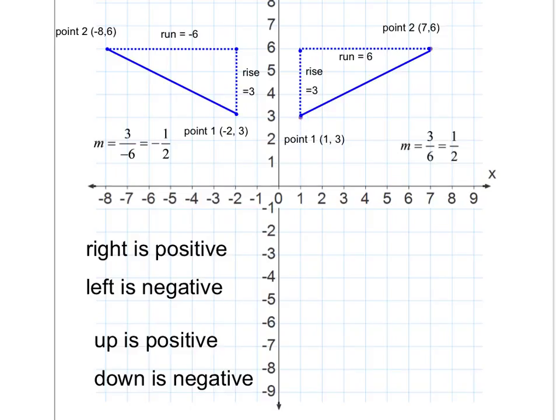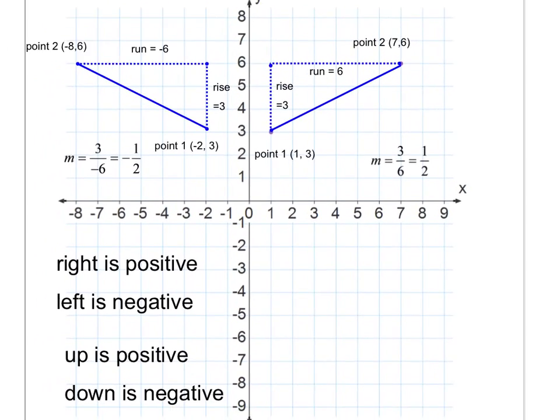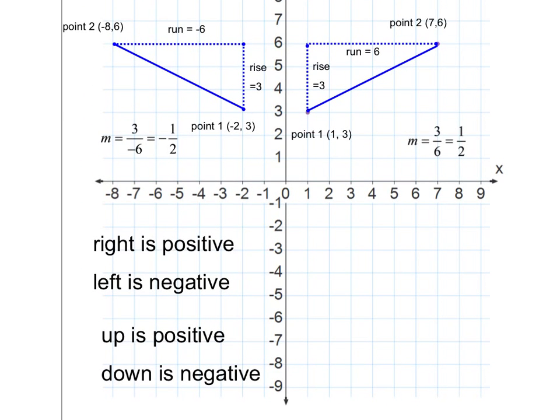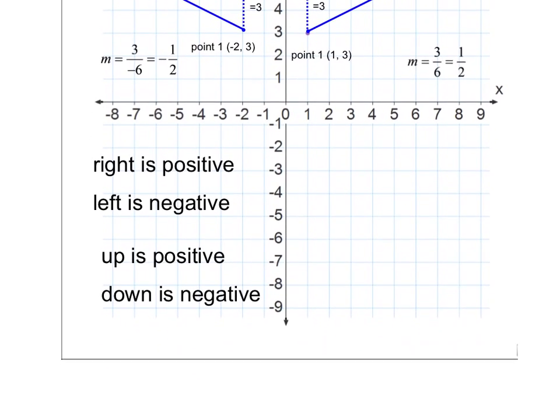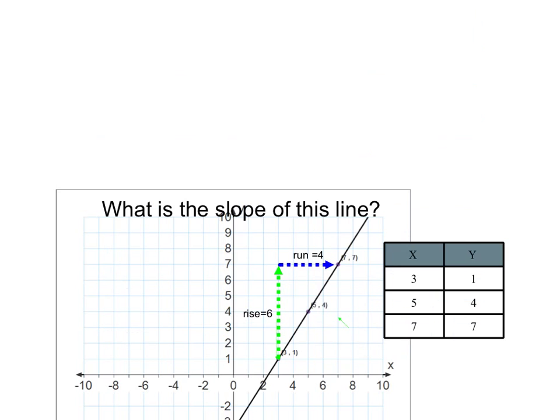If I go from here to here, I'm up 3, right 6, so it's +3 over +6, 1/2, or down 3, left 6, that's -3 over -6, and that would also be +1/2. So the slope's going the same way regardless of which point I go from and to. That's what I'm saying. Yeah. Okay? All right, next.